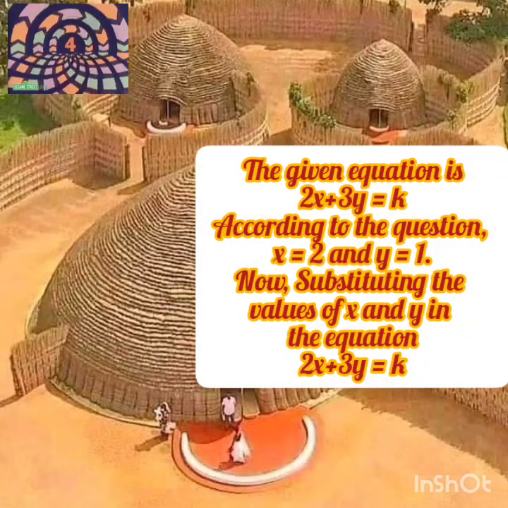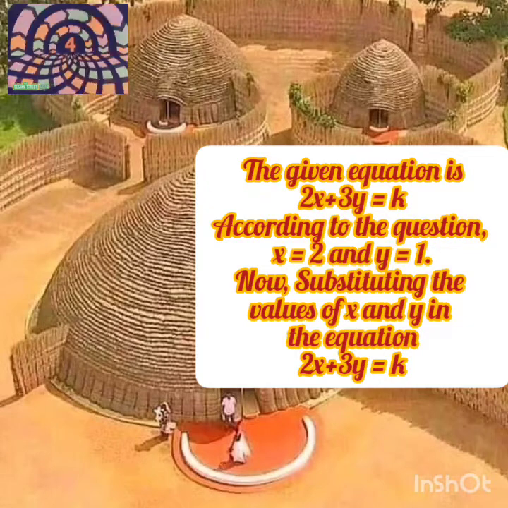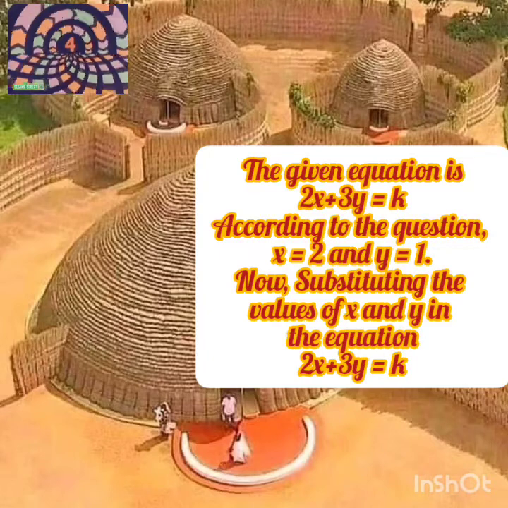We are given the equation 2x plus 3y equal to k. So according to the question, the value of x is 2 and the value of y equal to 1. Now let's substitute this value in the given equation 2x plus 3y equal to k.